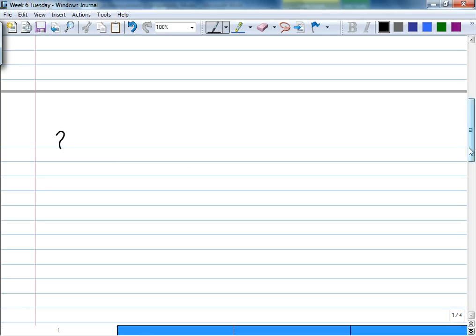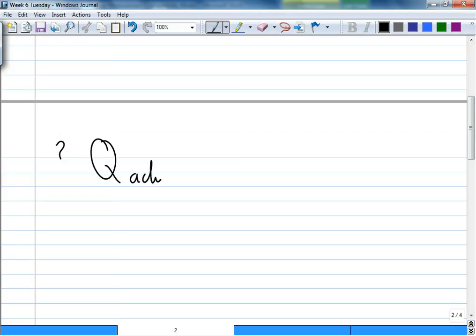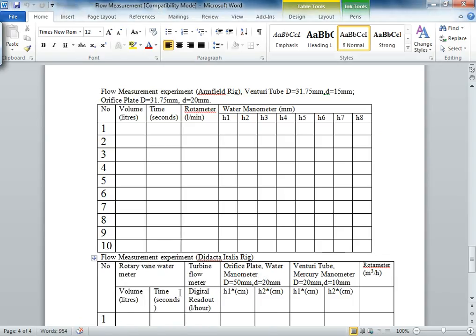So that one is Q actual equals volume over time. For each data point, you know what the Q actual is already. That should be relatively accurate, unless your only error is maybe your response time in your stopwatch or your volume reading.